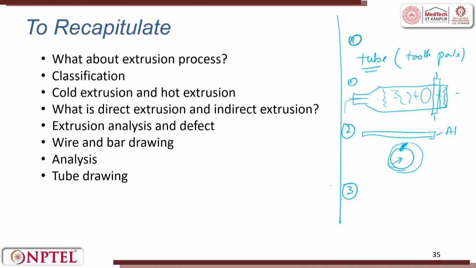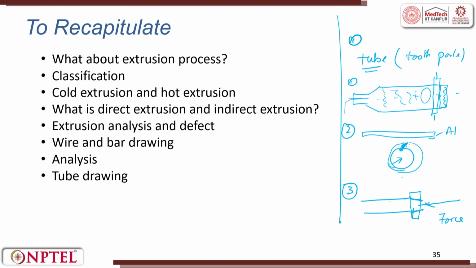The third thing I want you to do is take a wire, copper wire or a metal wire, whatever it is, and then you put a die here. Now, you try to pull the wire from the opposite side and try to see what will be the force you undergo.